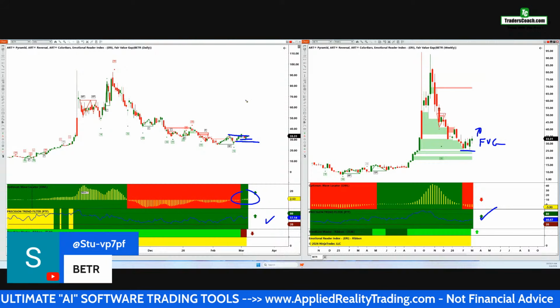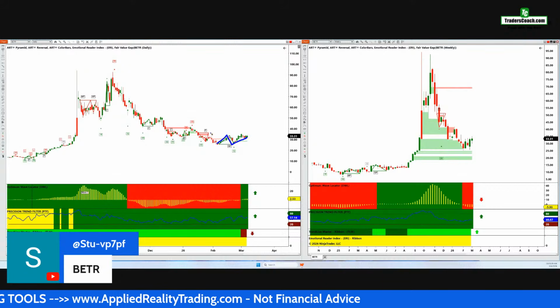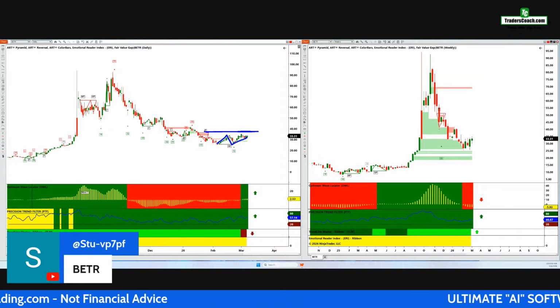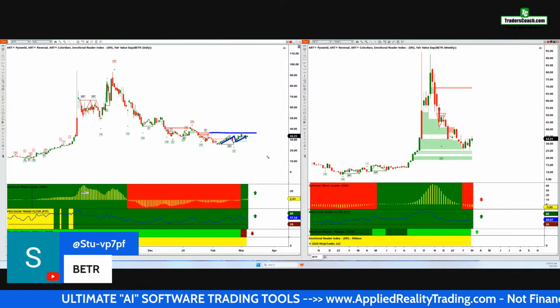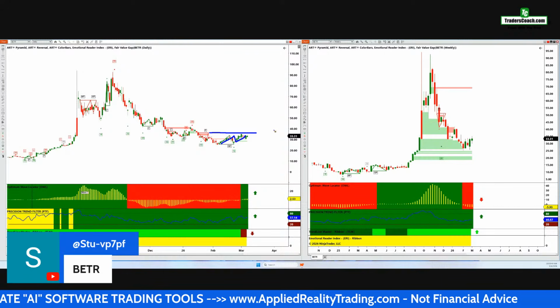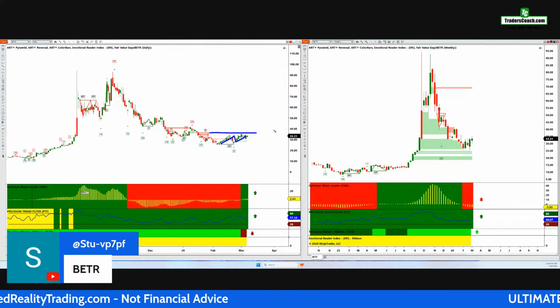We do have a little bit of a change in structure here, but we don't have a change in structure yet on the primary. So there's a break in structure and a change in structure. Okay, so we got a change in structure here, but not a break. So I think I'd wait for that break in structure first. And I imagine we will get a fair value gap when we get that.